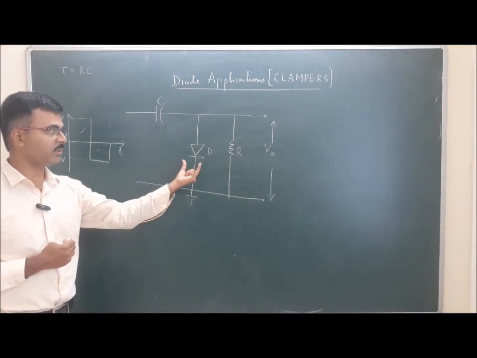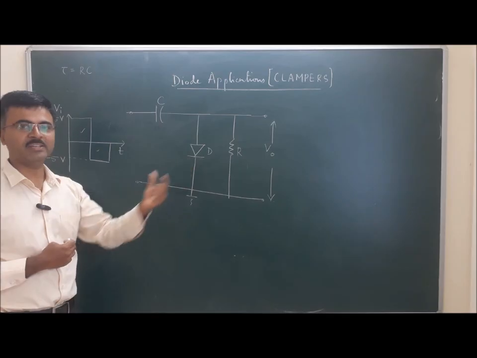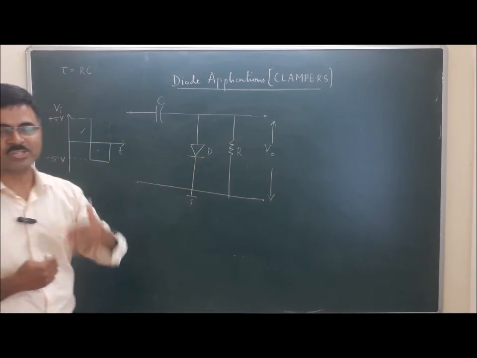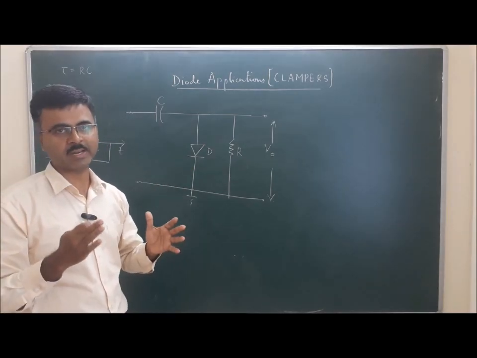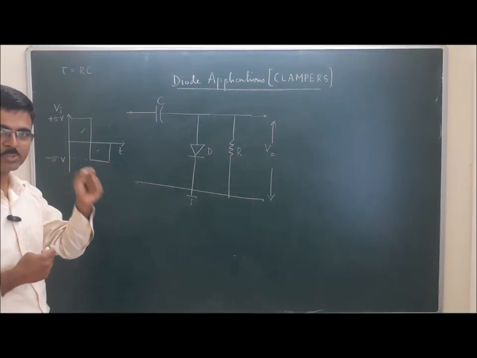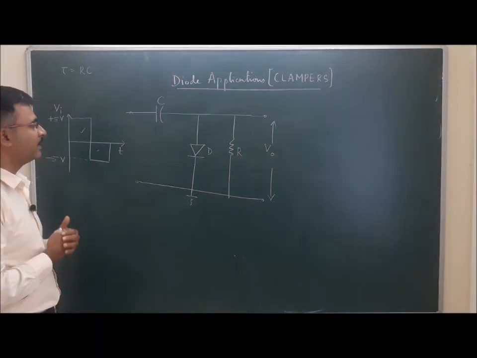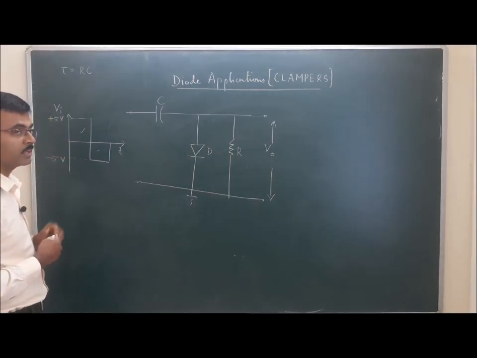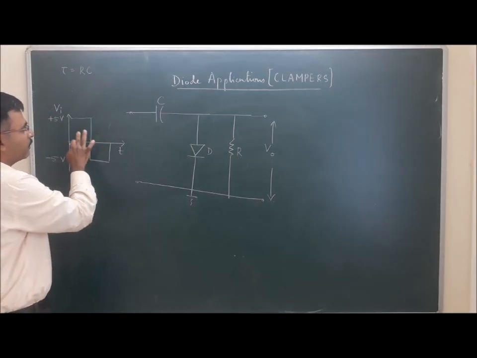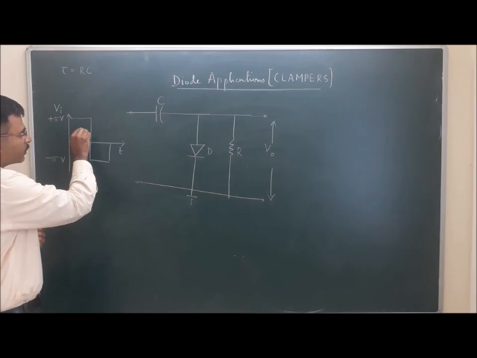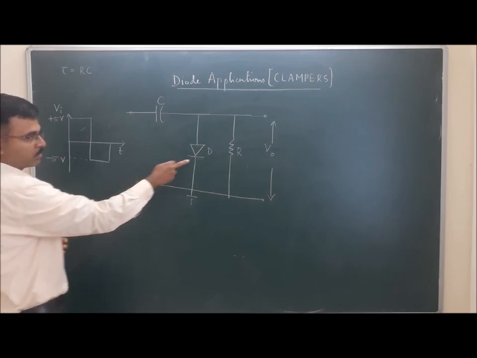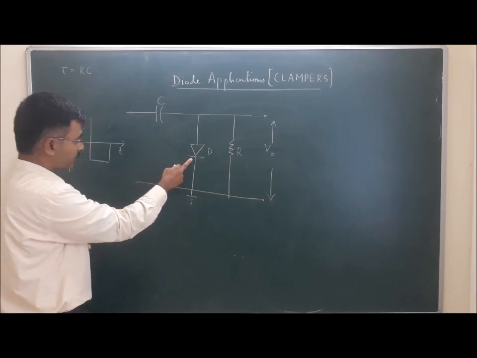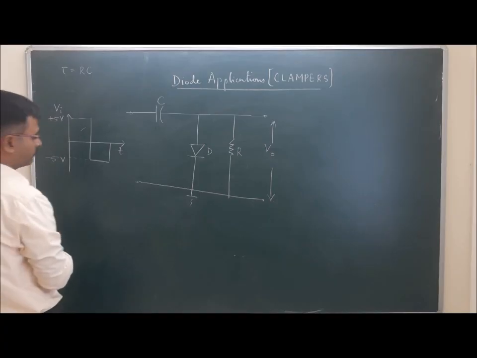Else, if the diode is reverse biased, then we cannot start analyzing the clamper circuit. So we always have to start analyzing the clamper circuit when the diode is forward biased, so that particular cycle of the input should be considered. In this case, during the positive half, the diode will be forward biased. So let's try to understand.